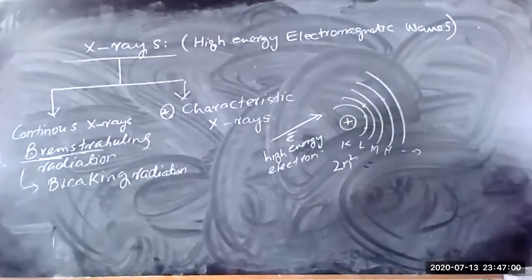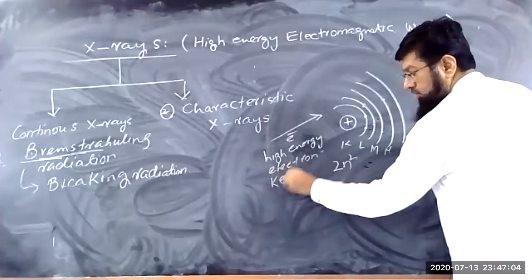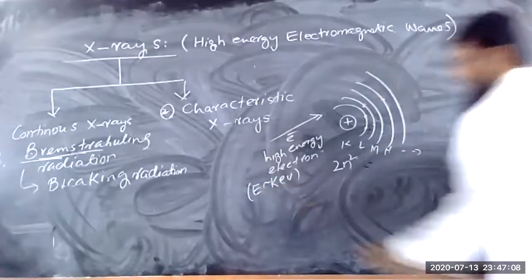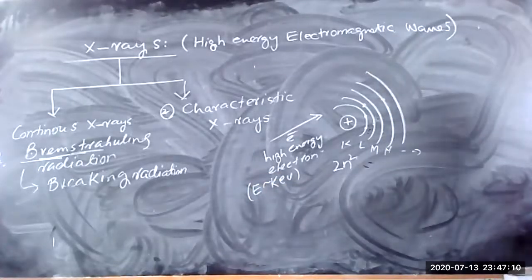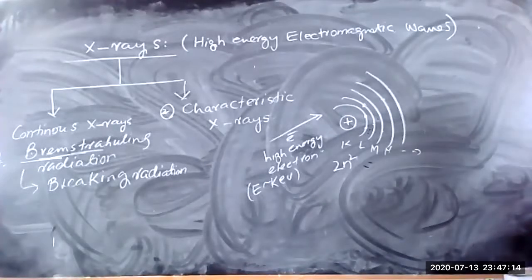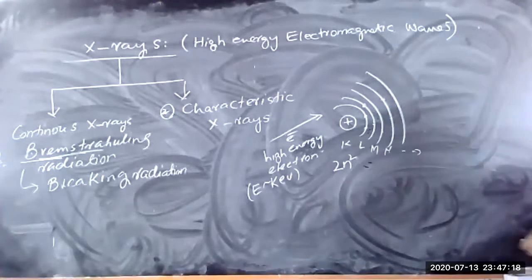How high? Its energy is approximately in the range of kilo electron volts. So this is the electron coming out from the high voltage accelerating source.